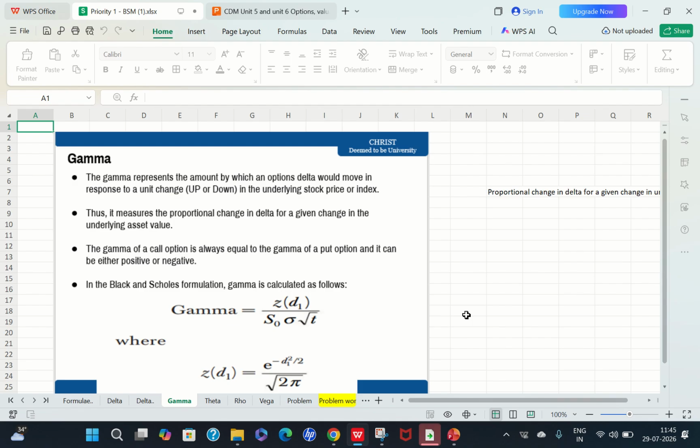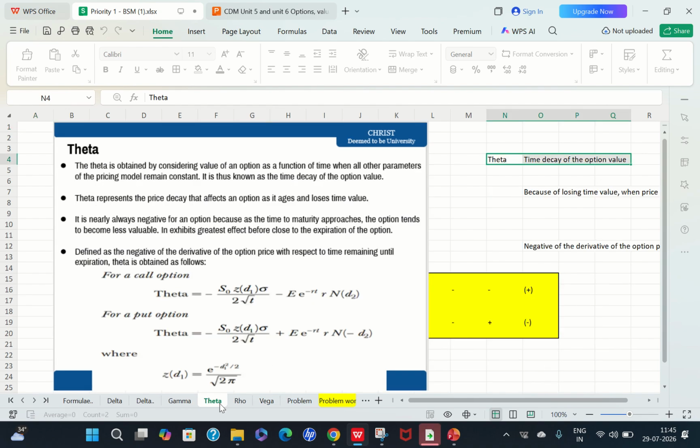Rho and vega assume a minimum importance compared to delta, gamma, and theta. Coming to theta, it talks about the time decay of the option value. It is always negative.